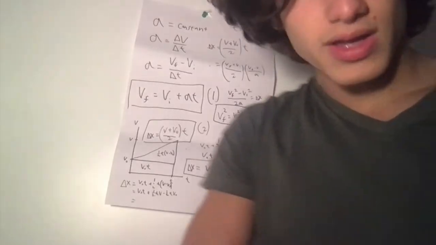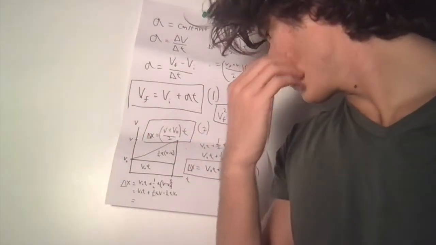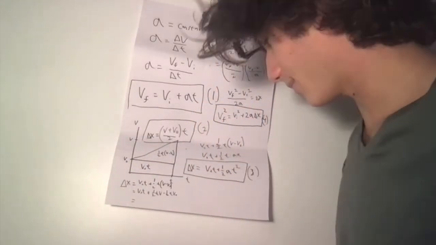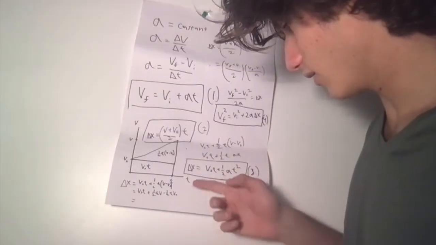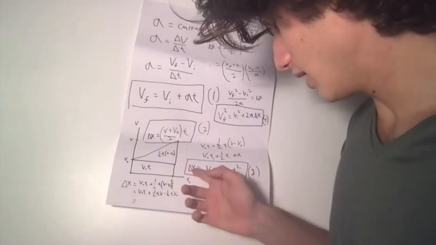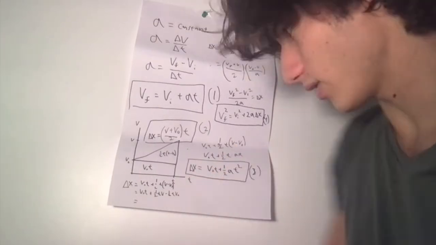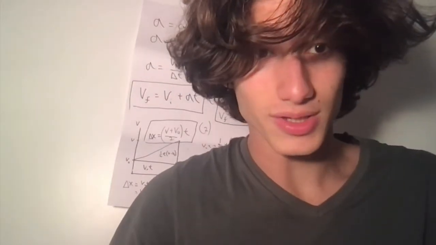Because the final velocity minus the initial velocity is the change in velocity, which is acceleration times time. So multiplying the t by t, we get, again, displacement is equal to v naught t plus 1/2 a t squared. And that is the last kinematic equation.